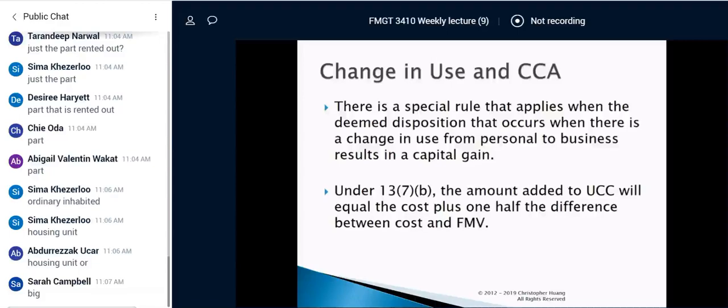And then CRA a couple of years ago came out with this views document. And it was huge, because a typical views document talks about, oh, taxpayer, you sent me this letter, and so on. This was not like that. There was no taxpayer letter that the CRA was responding to.